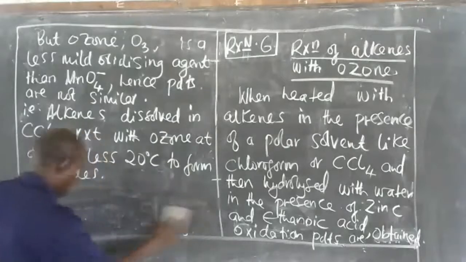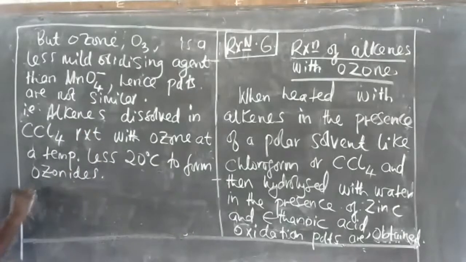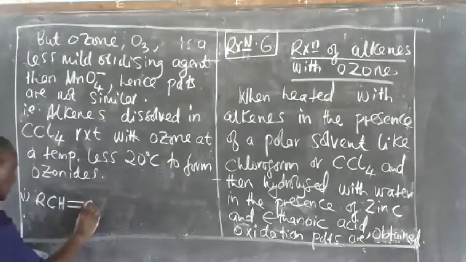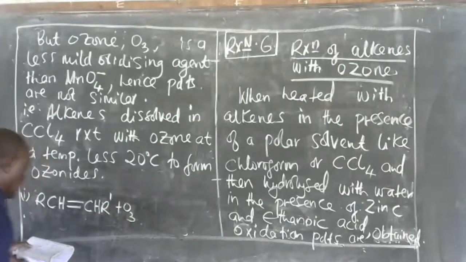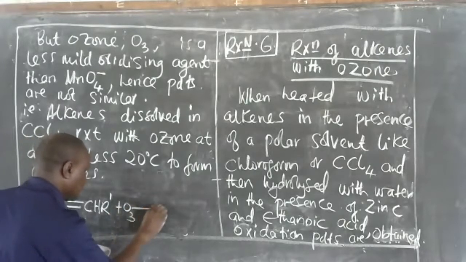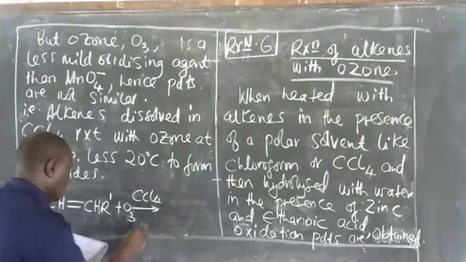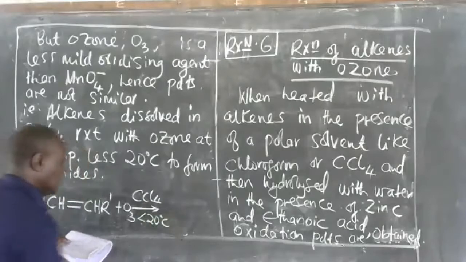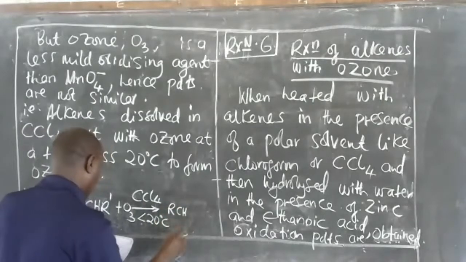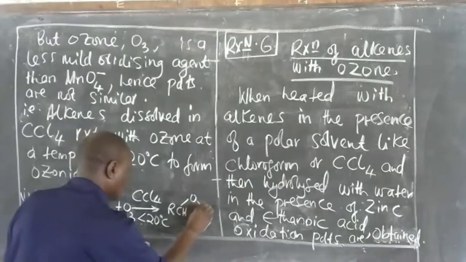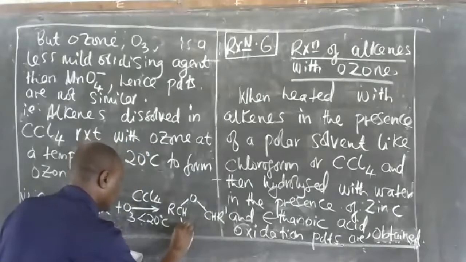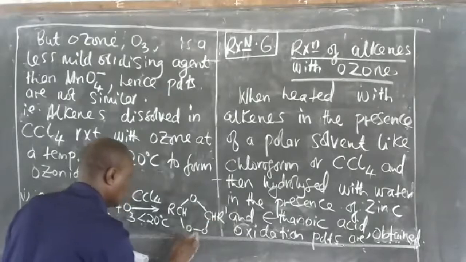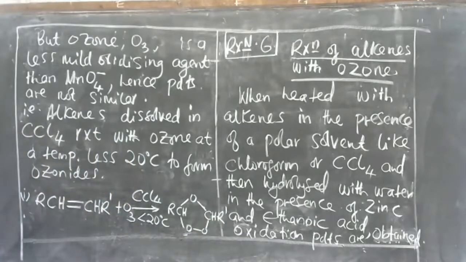So if we have the alkene, R-CH double bond CH-R, plus ozone in the presence of carbon tetrachloride, temperature less than 20 degrees centigrade, you end up getting R-CH, CH-R, with O. So that is the ozonide.